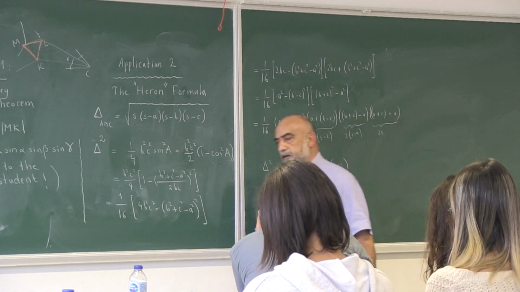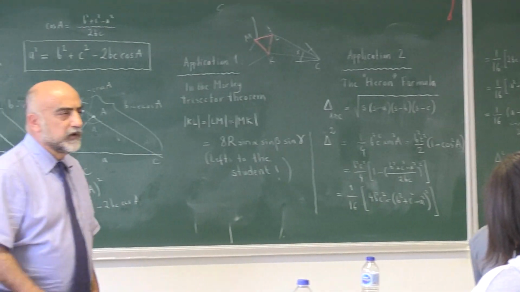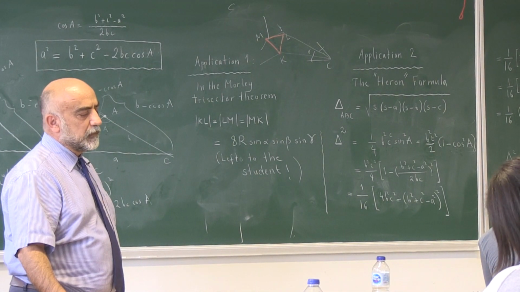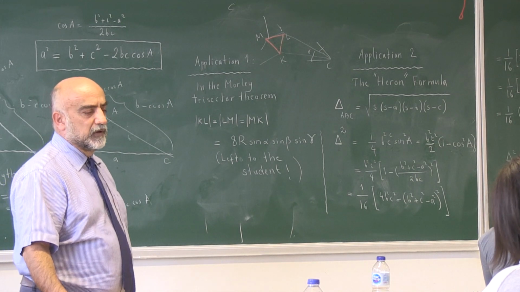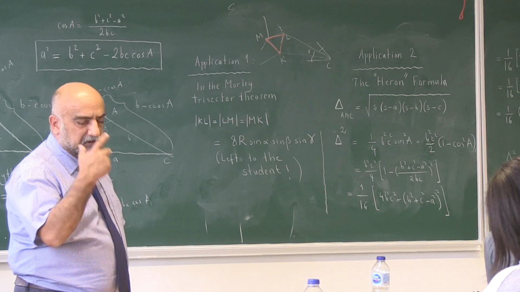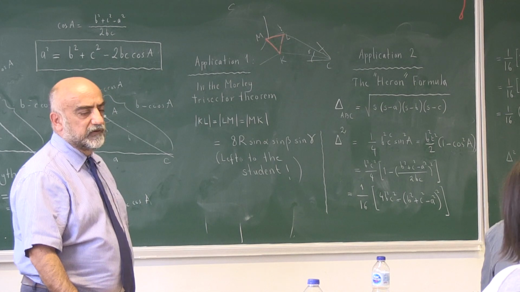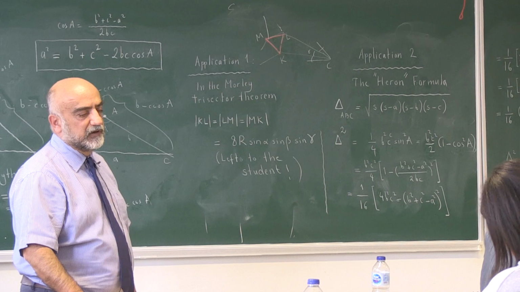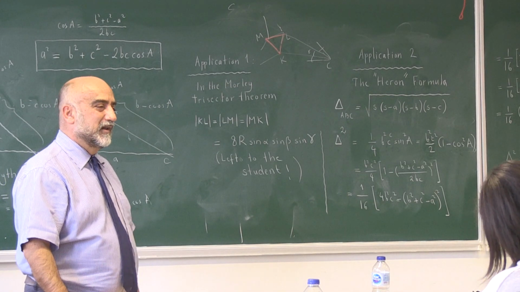I really wish you could perceive the content of these results in their true historical perspective. It's a rare accomplishment to compute the area of a triangle in terms of its side lengths.